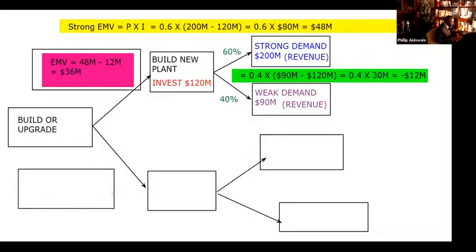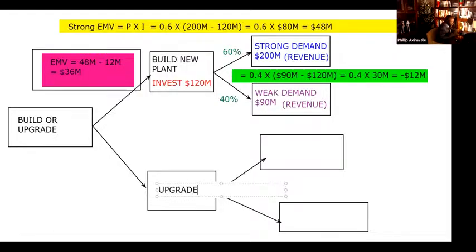Okay, so the box here, ultimately upgrade, you're going to have the final solution give you 50, no, I beg your pardon, going to give you 46 million. So you're going to say 42 plus 4, and you're going to get 46 million.